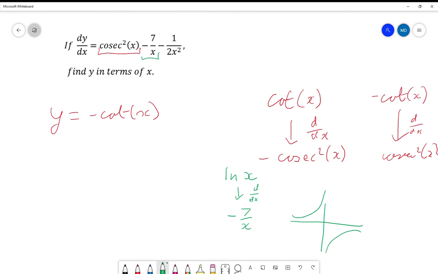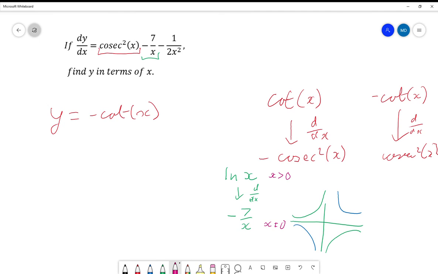And it is valid everywhere. And this is always true, whatever reciprocal you're dealing with, it is valid everywhere except at 0. Whereas the natural log is only valid for positive x. So this is everywhere except 0. This is only x positive. So how do we deal with that?